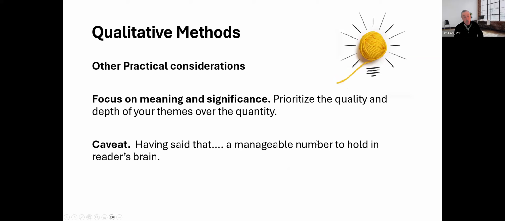You should be prioritizing quality over quantity, particularly of your themes. You want good themes. You want things that are really out there in the world. And you don't want a crazy number of these things. I had 22 themes in my dissertation, but it took a year to collect that data.